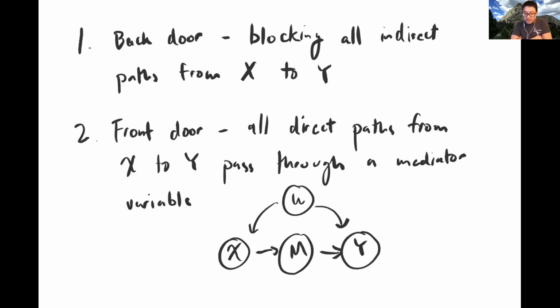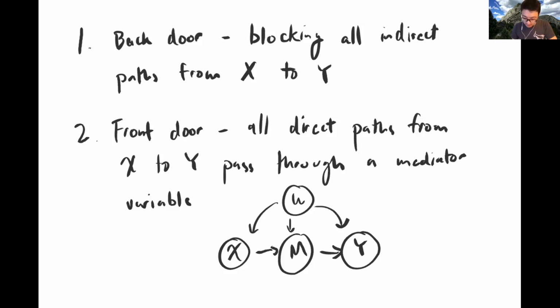Okay, and so if you have information about the mediator variable, you can condition on that variable in order to break the relationship between your confounding effects and X. So you can't have any direct relationship between.